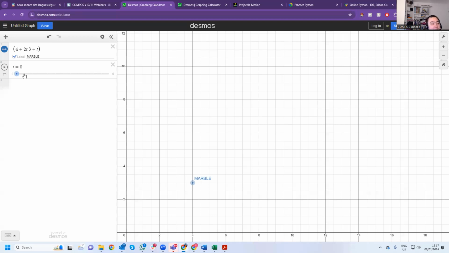And the vector with coordinates 4 plus 2t and 3 plus t is known as the position vector. The position vector is simply a vector drawn from the origin to the position of the marble. So as time goes by, the marble moves, and that makes perfect sense. We can add another marble.